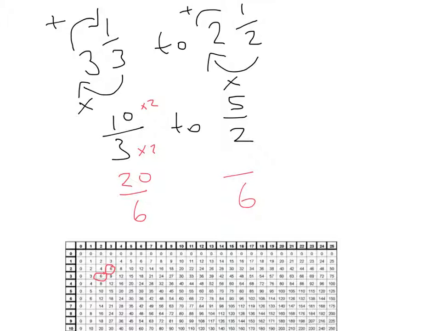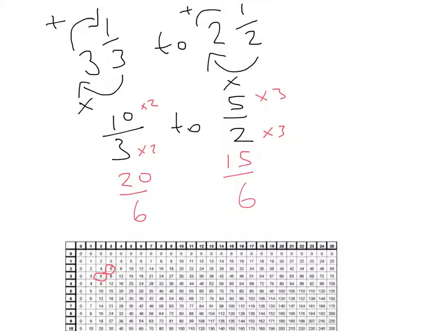So now we go to the other side. We multiply 2 by 3 to get the 6. So we write that down. And then whatever we do to the bottom one, we do to the top. 5 times 3 equals 15.